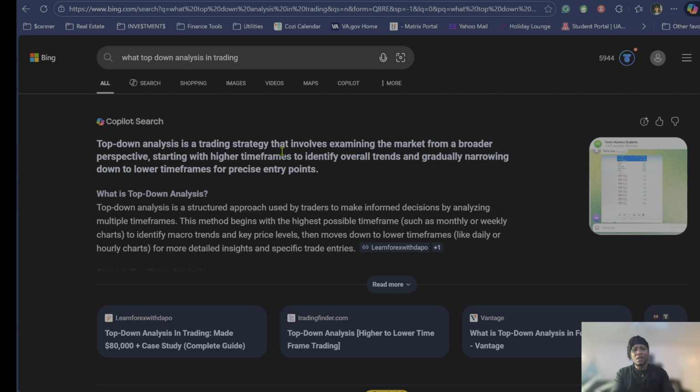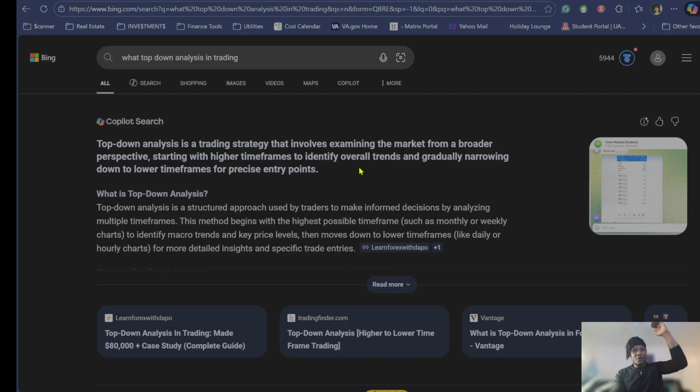Top-down analysis. Everything that I say is something, right? So top-down analysis is a trading strategy. I can't pronounce that word because I have an accent. I'm not Jamaican. I just can't spell or read, right? But anyway, it's a strategy that involves examining the market from a broader perspective, starting with the higher time frame. You hear what they say?